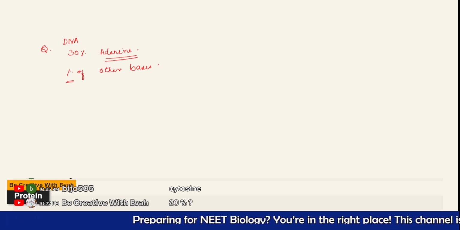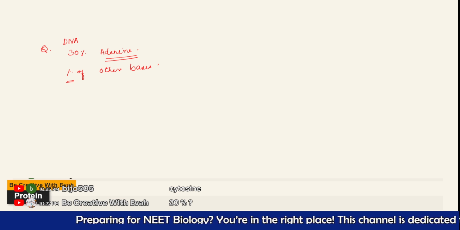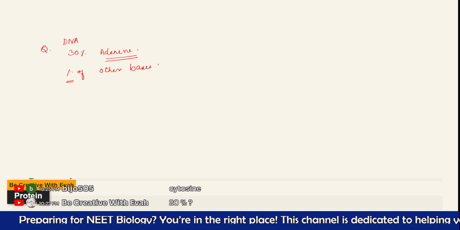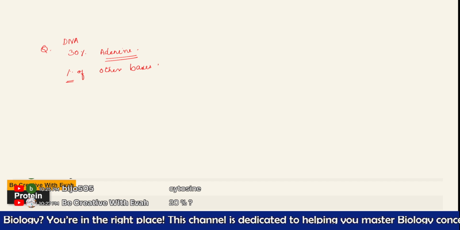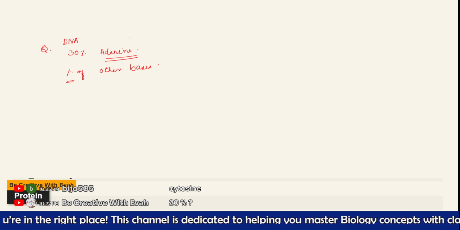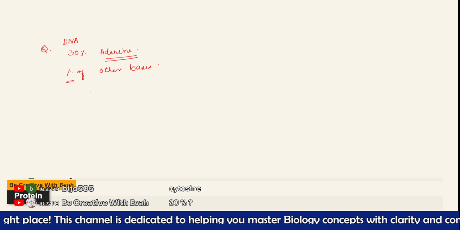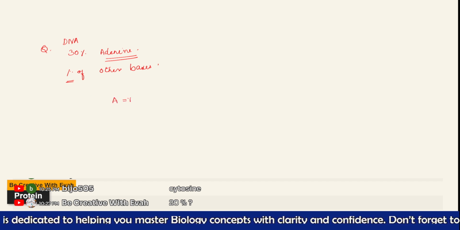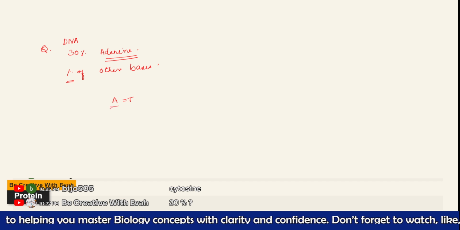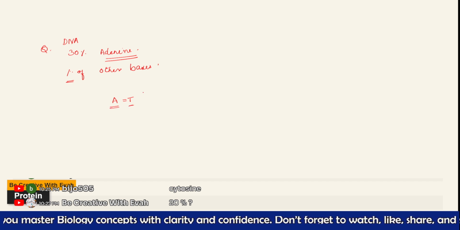How can we find out the percentage of the other nitrogen bases? Yes, Eva said it is 20 percent. How did you get 20 percent? Okay, we know that adenine is equal to thymine. The number of adenine and the number of thymine is equal.